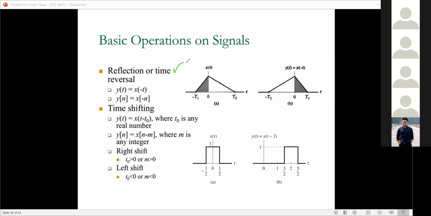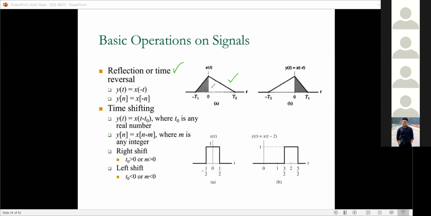If we have a signal, for example x(t), and you know this signal I have already illustrated in my last class, then if we want to flip the signal with respect to the y-axis, that means your vertical axis, you can consider that we are placing a mirror on this axis and examining the image of the latter part of your signal on the mirror.